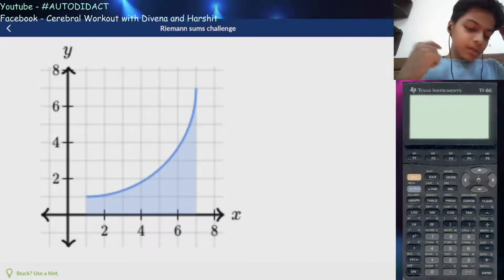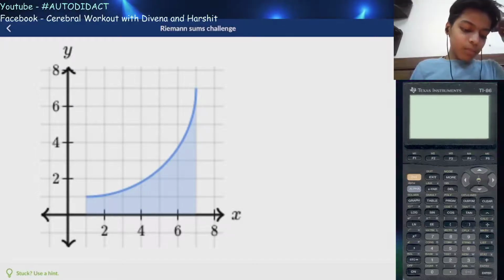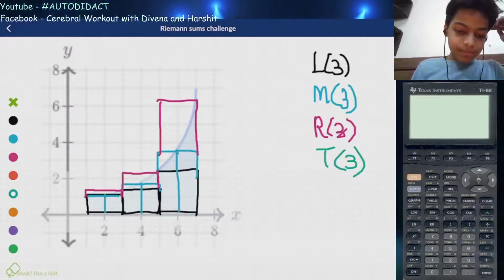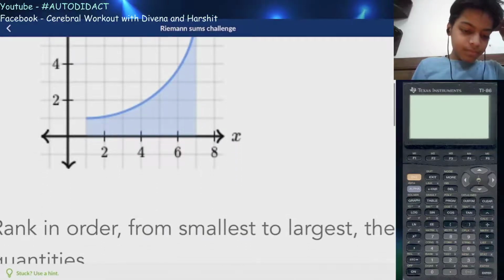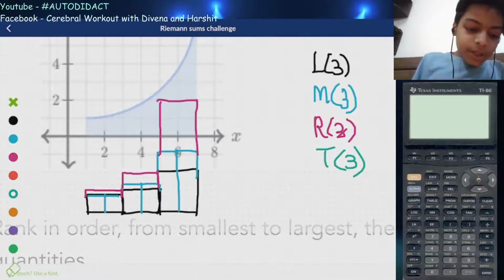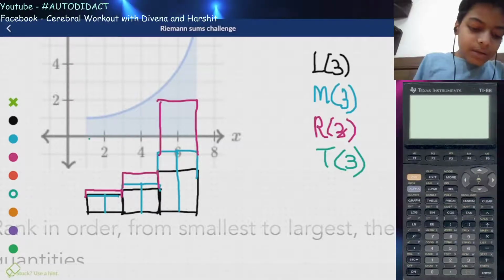The trapezoidal rule will just be a better approximation. It will just be like this, followed by like this.